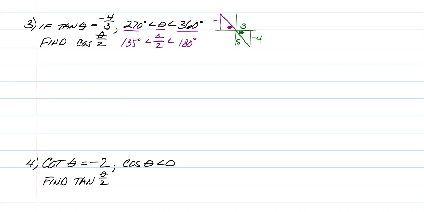When you are using the formula, this one, cosine of half angle is 1 plus the cosine of theta. The cosine of theta is the full angle. So you're going to take your fraction values from the original quadrant that it's in. But then when you plug in your half values, you need to remember that cosine is negative.